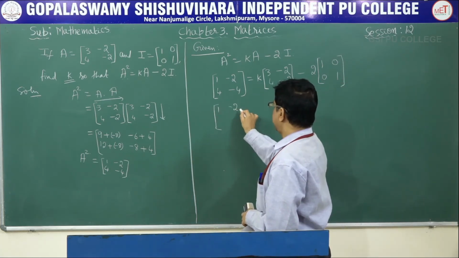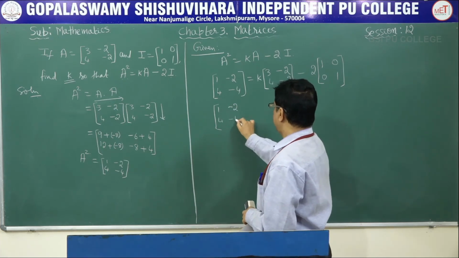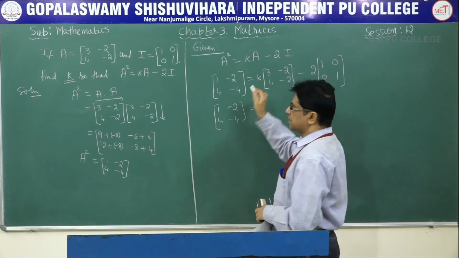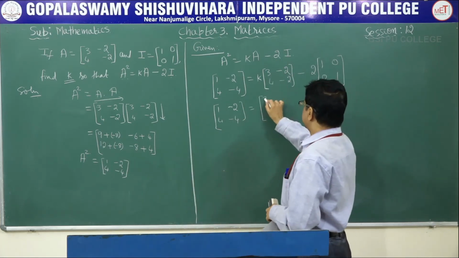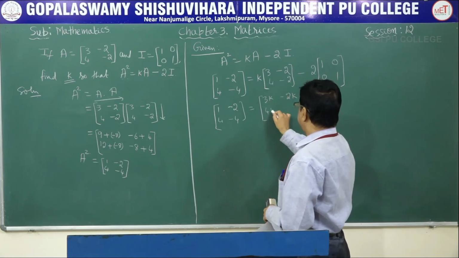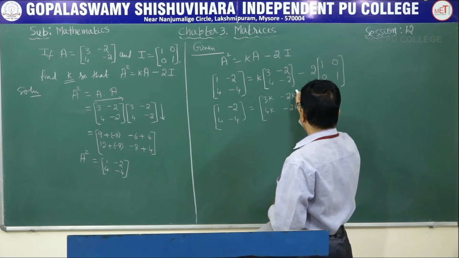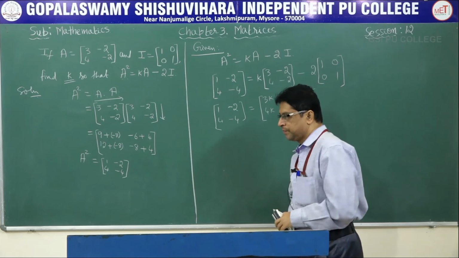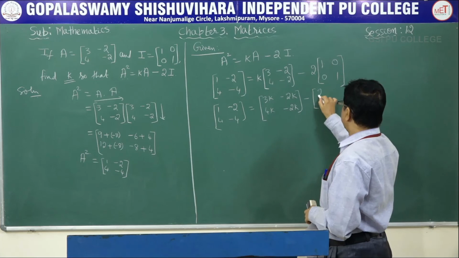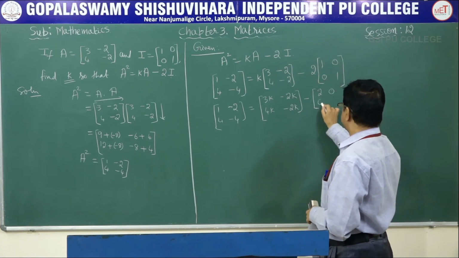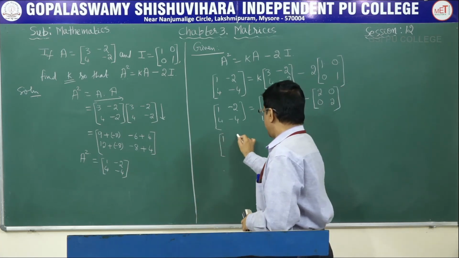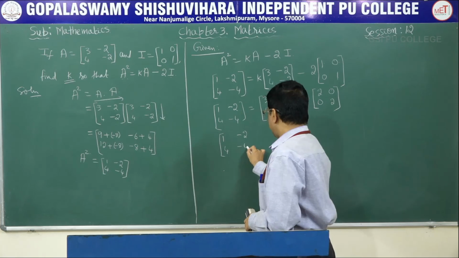So 1 minus 2, 4 minus 4 is equal to, we multiply K to each element of this matrix. So it is 3K minus 2K, 4K minus 2K. Minus, we multiply 2 to the entire matrix. So 2 ones are 2, 2 into 0, 0, 2 into 0, 0, 2 into 1, 2. So it is 1 minus 2, 4 minus 4.